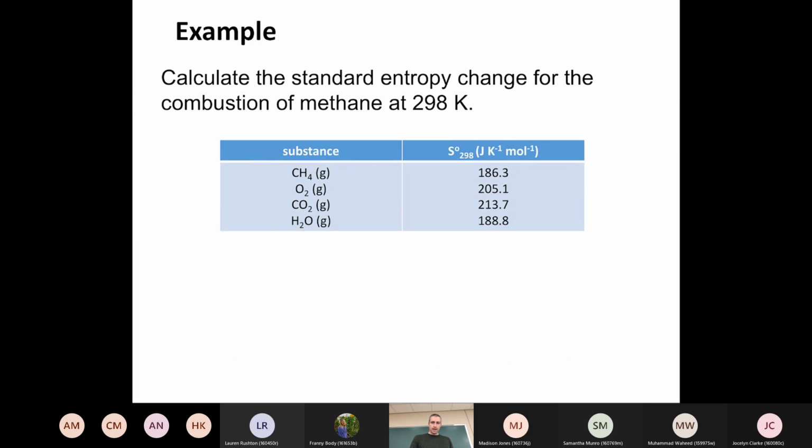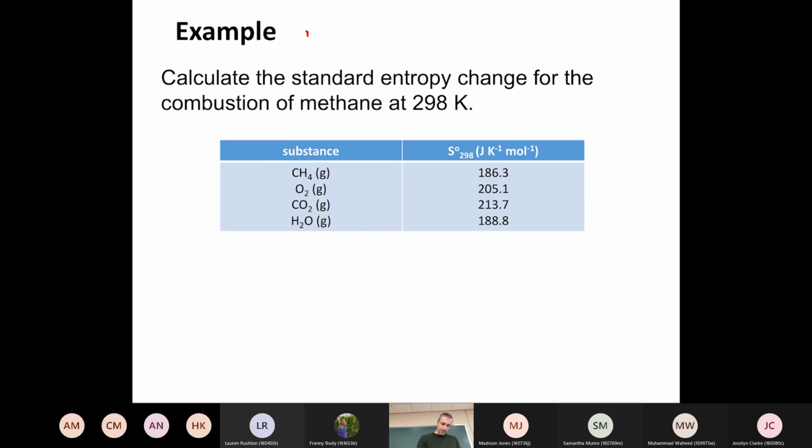Here's another one. Calculate the standard entropy change for the combustion of methane at 298 K. So what we need to begin with here is a balanced equation, which is not provided.